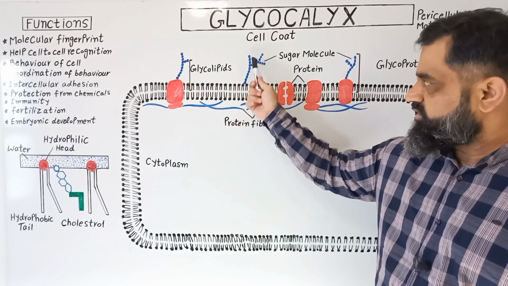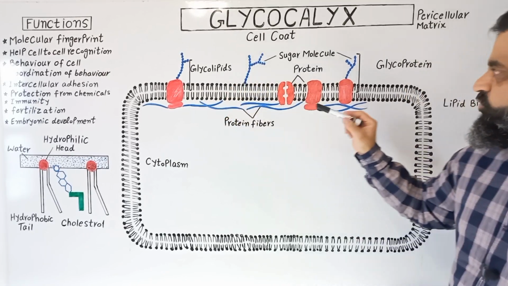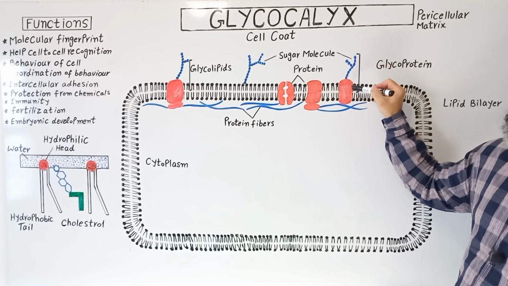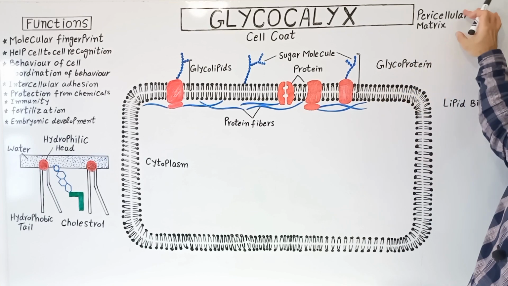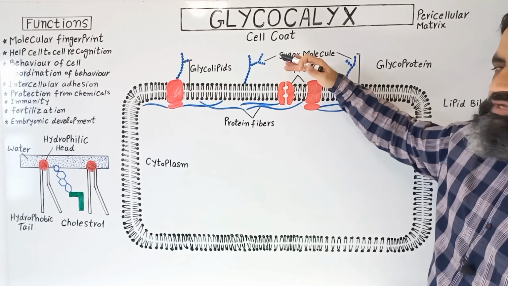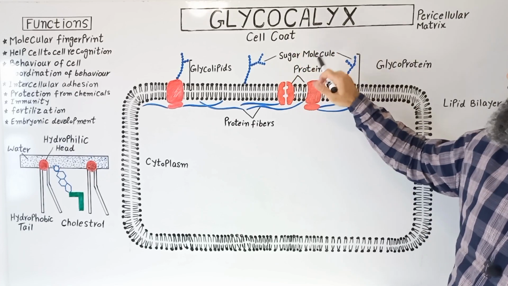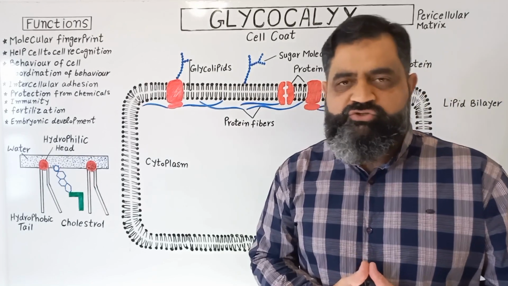When they join together, they form a single structure known as a glycolipid. And when protein molecules and carbohydrate molecules join together, this is formed as a glycoprotein. So they form a pericellular matrix just outside the cell membrane in the form of a coat, the cell coat, which is known as glycocalyx. So this is the structure of glycocalyx.